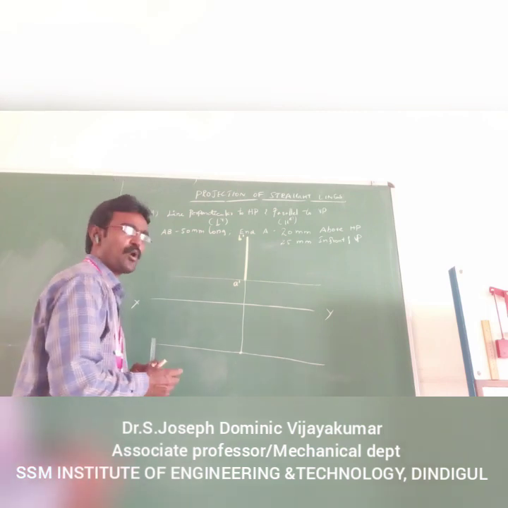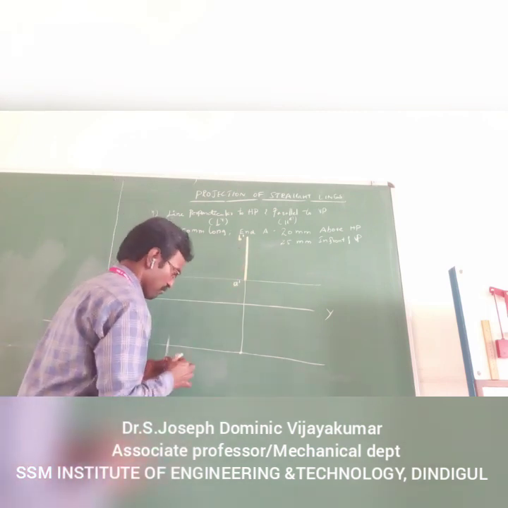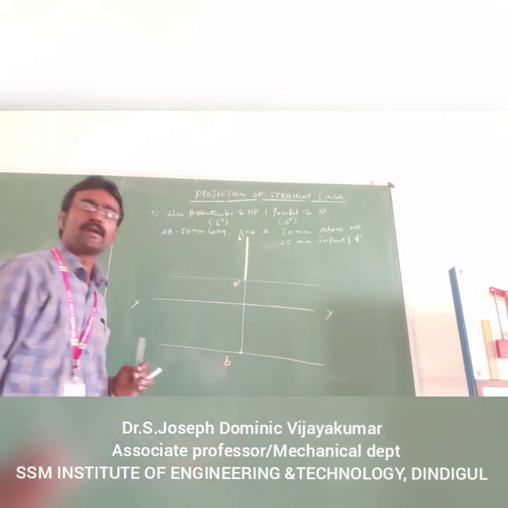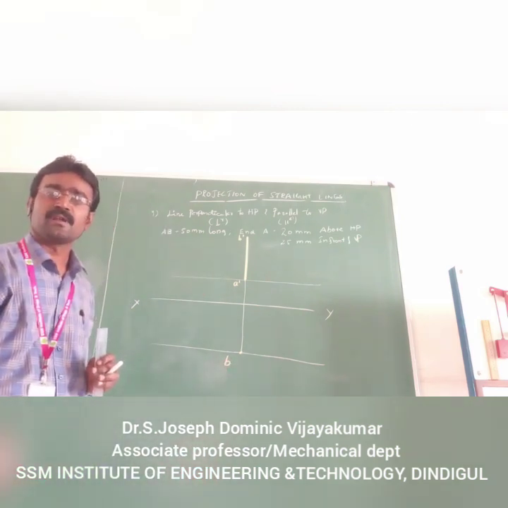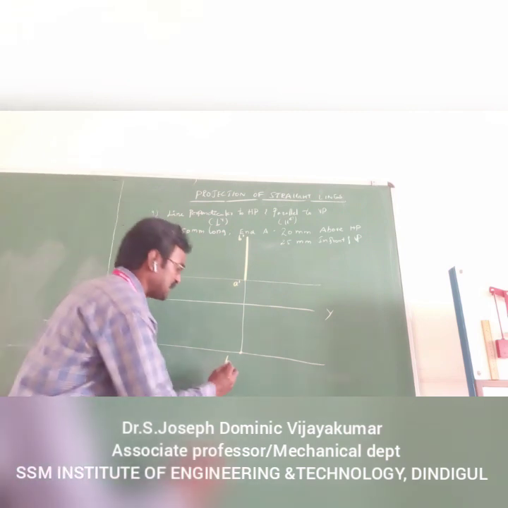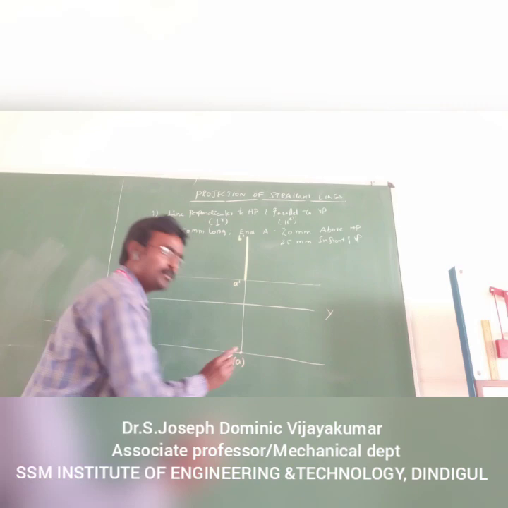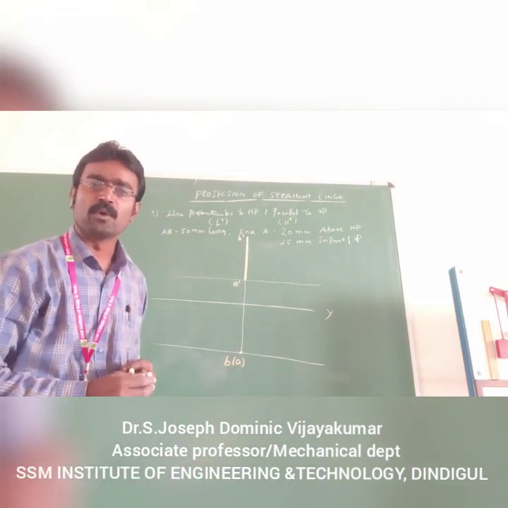The name of the point is B dash, so B is the visible point. But there is another point, A, that is invisible. It should be placed in brackets.